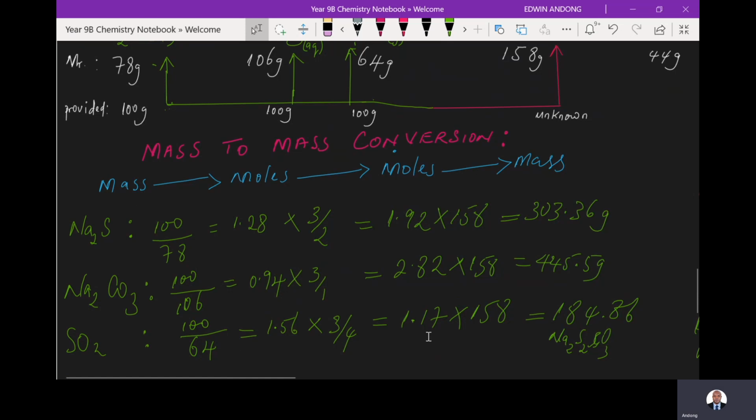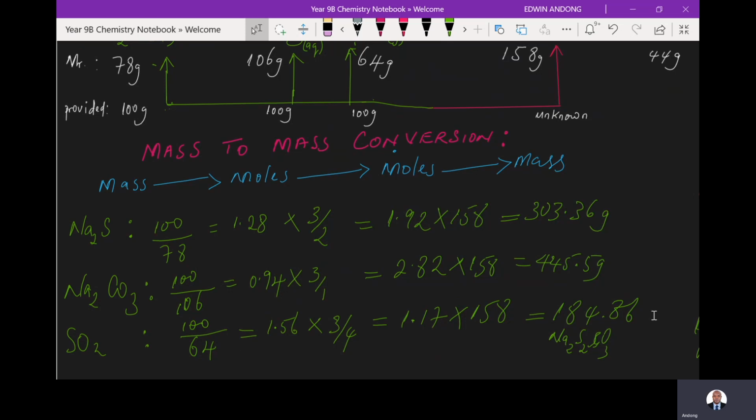In order to have the mass of sodium thiosulfate, we will have to use its moles multiplied by its molar mass to have 184.86 grams of sodium thiosulfate.